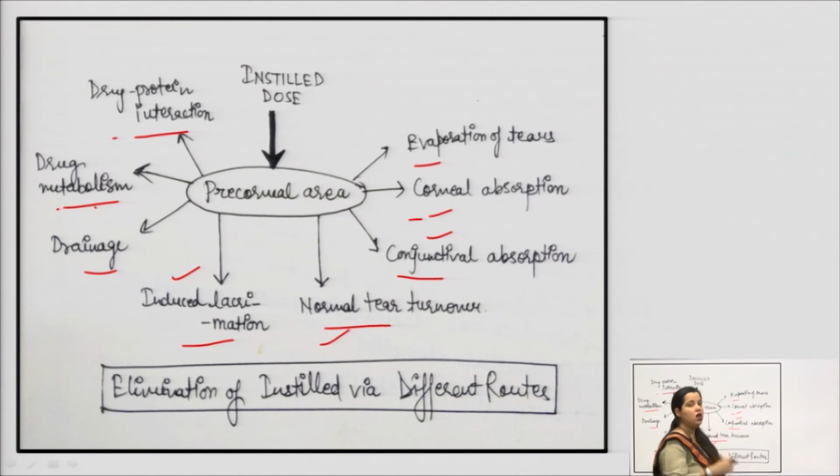Corneal absorption is the required absorption route, along with evaporation of tears. Basically, corneal absorption of the drug is of high importance here, through which only we can have the targeted effect of the drug within the eye.